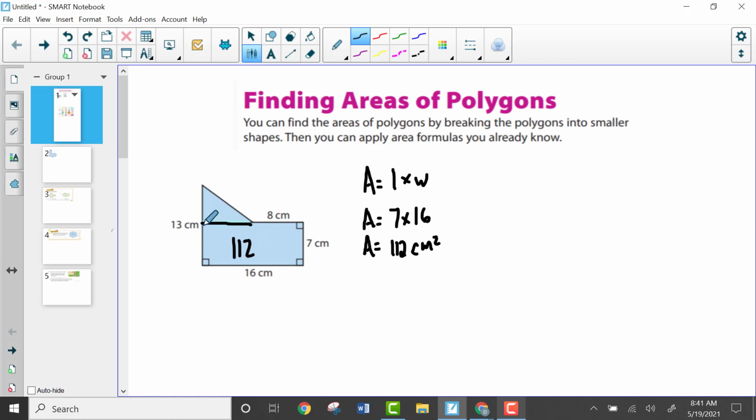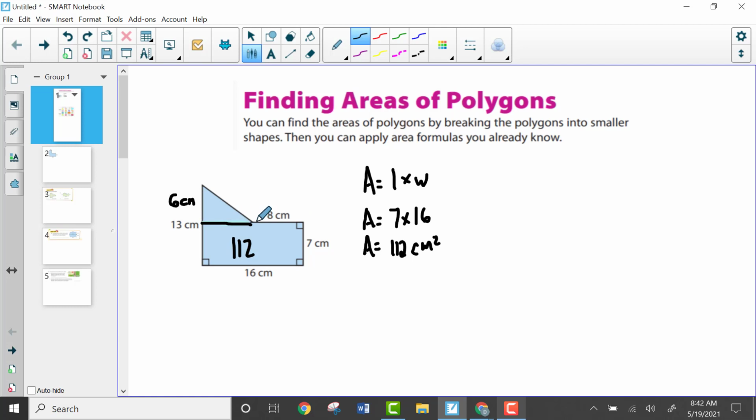It can be very easy to say, okay, 13 is the height and the base is 16. But it's important to understand that that is not the case. 13 represents the whole entire height of this polygon. However, up to the point of the triangle, that distance is 7 centimeters, so the height of the triangle is going to be 6 centimeters.